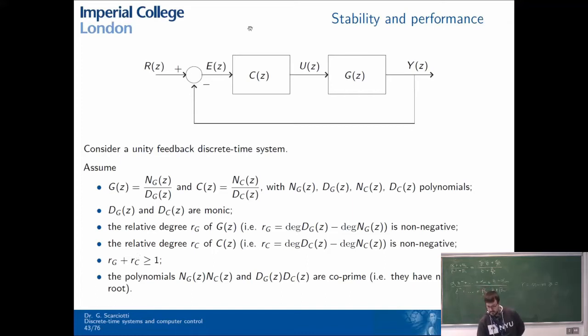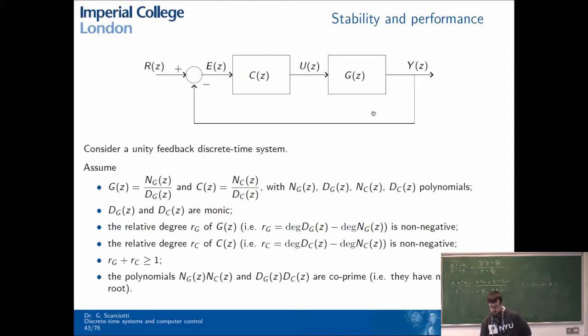In this scheme that we see here, there is no such branch. There is no relation that connects directly the reference to the output y of z. So this means that a transfer function that realizes this interconnection cannot have relative degree equal to 0.